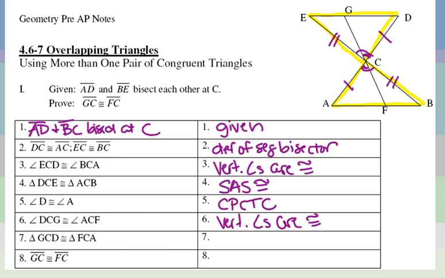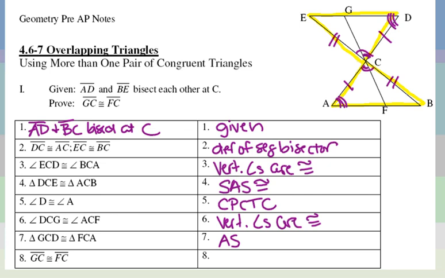All right, so now I've got A and D congruent. I've got this side still from up here before is congruent, and this angle right here is congruent, which means that these two triangles are now congruent by, I'll wait while you write it down.